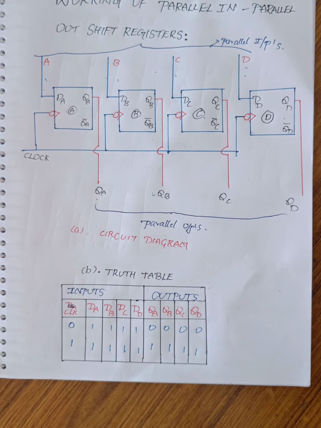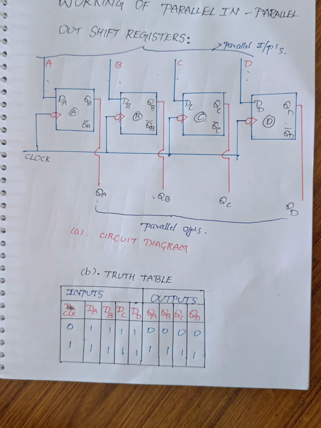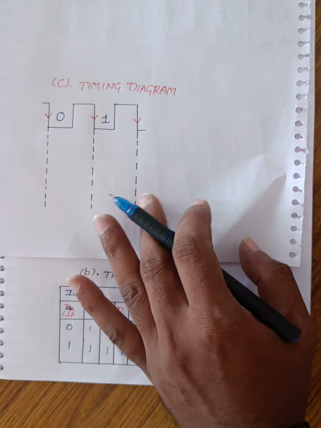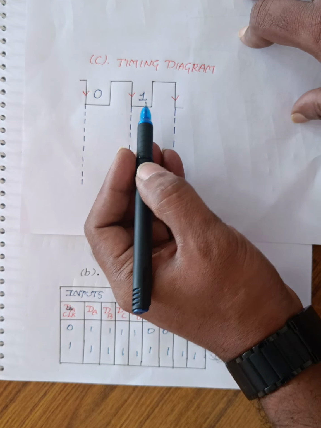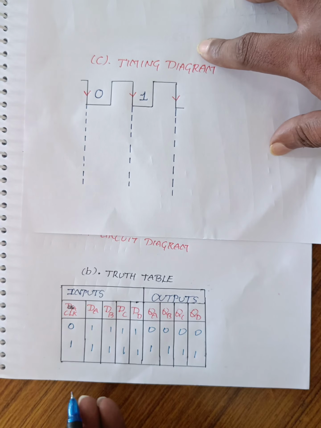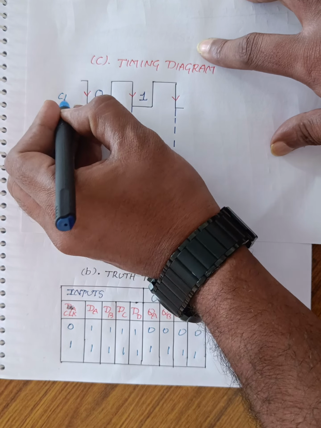Coming to the timing diagram. So this one is the logic circuit and truth table. Let us go for the timing diagram. In the timing diagram, there is a relation between the input and output values. The default input is the clock signal.